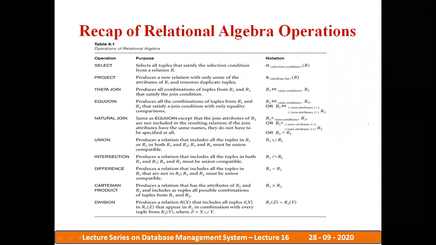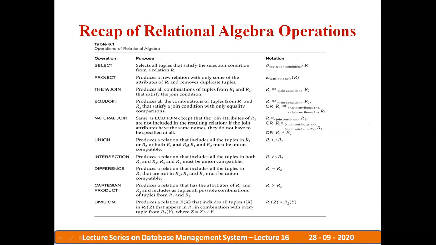Okay, to recap the algebra operations. In the case of unary, we have discussed the select operation. The select gives the horizontal partition. Then we discussed the project, which is denoted by pi. We get the vertical partition. Then we discussed the rename operator, which is represented as rho.